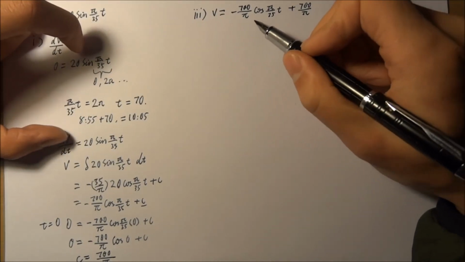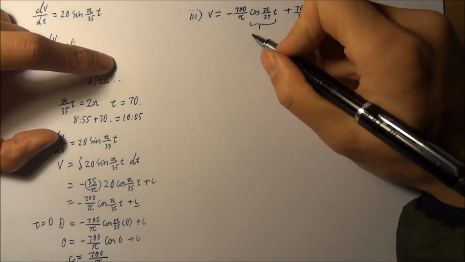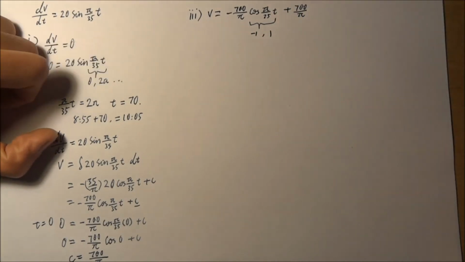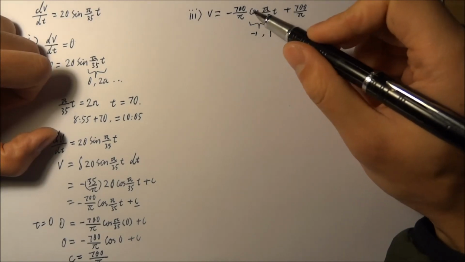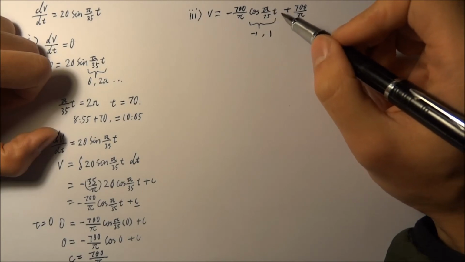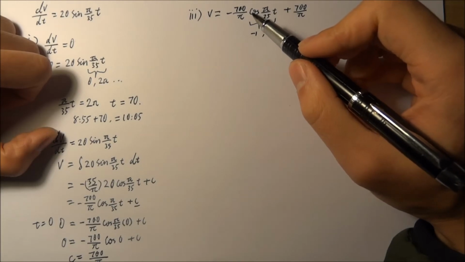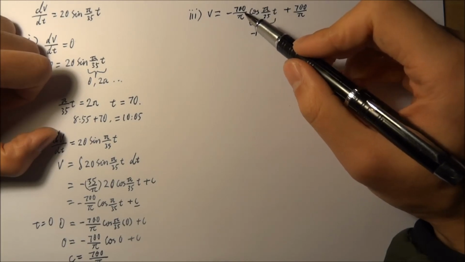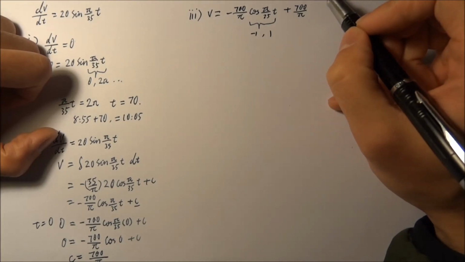Notice that this cosine of something can only be between minus 1 and 1. If this becomes 1, then minus 700 over pi times 1 is still minus 700 over pi, and plus the positive 700 over pi will give you 0.